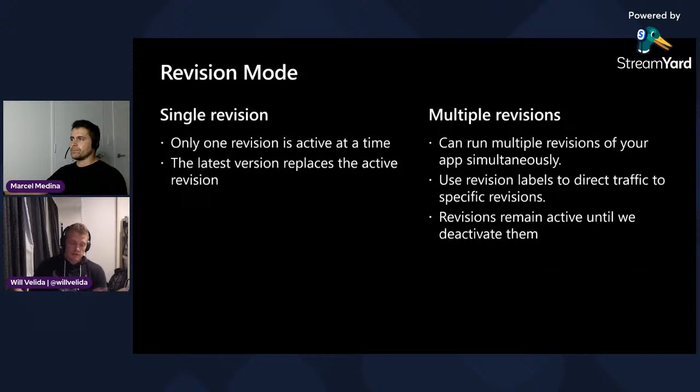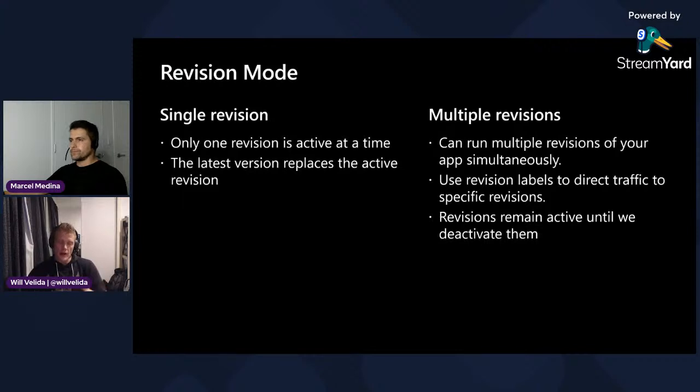And then just to recap on revision mode, single revision is essentially only one revision is active at any time. When you deploy new versions of your container app, that will replace the current active version, and that will become the active revision itself. A little bit about how that affects downtime. Container apps provides the advantage of zero downtime deployments.